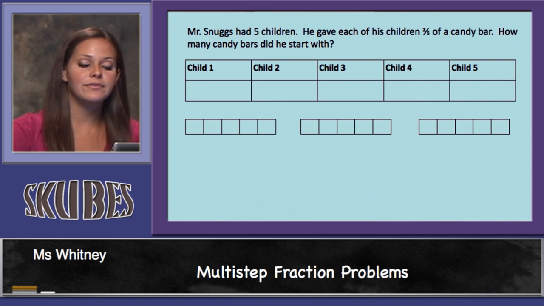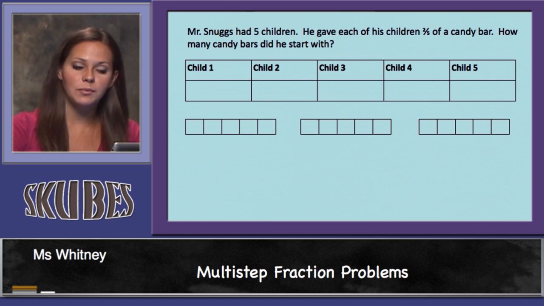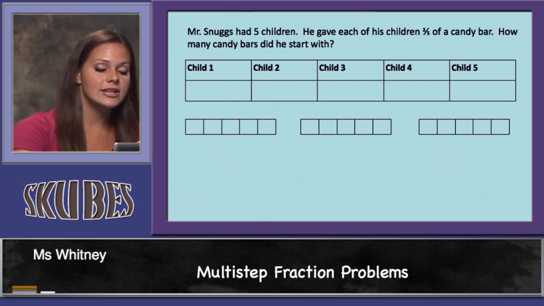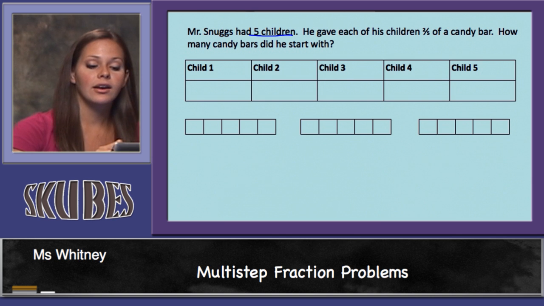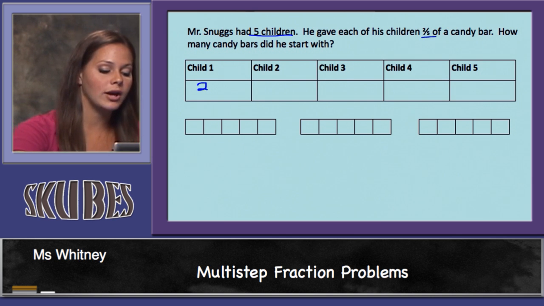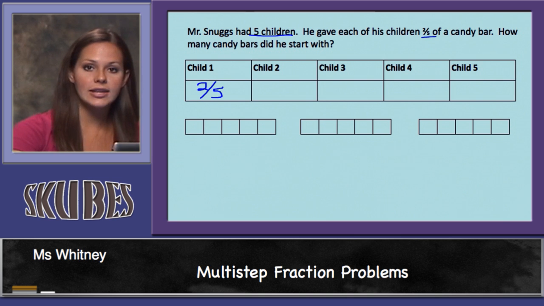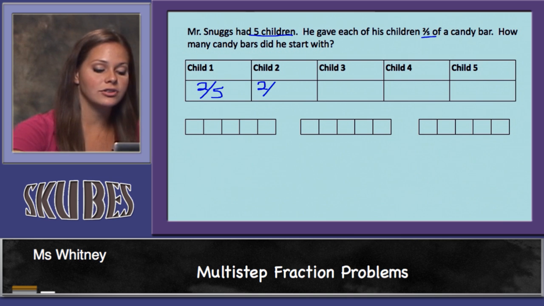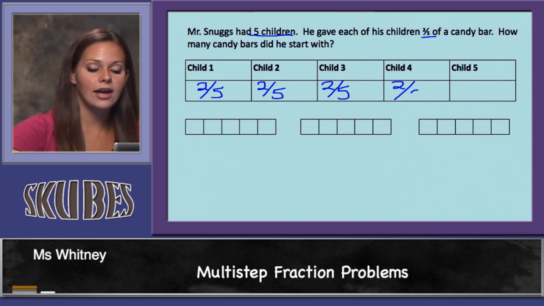Mr. Snugs had 5 children. He gave each of his children 2/5 of a candy bar. How many candy bars did he start with? So each of his 5 children got 2/5 of a candy bar. So child 1 got 2/5, child 2 got 2/5, so did child 3, child 4, and child 5.